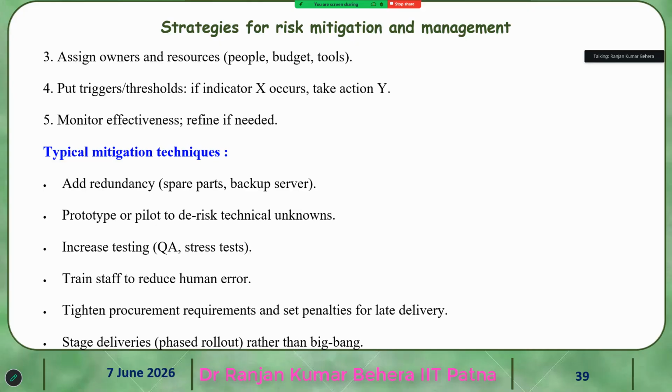Increase the testing, that is quality assurance and stress testing, etc. Then train staff to reduce human error. So there should always be continuous training for all the staff members.